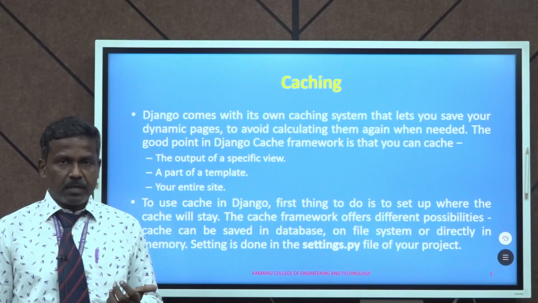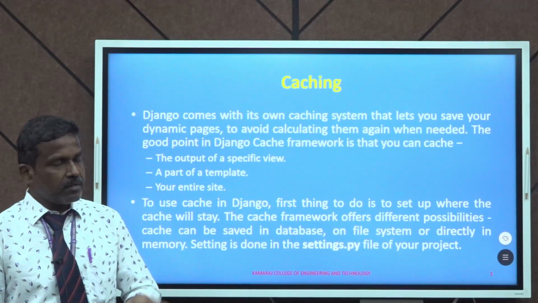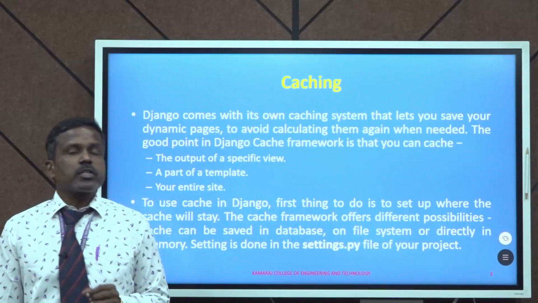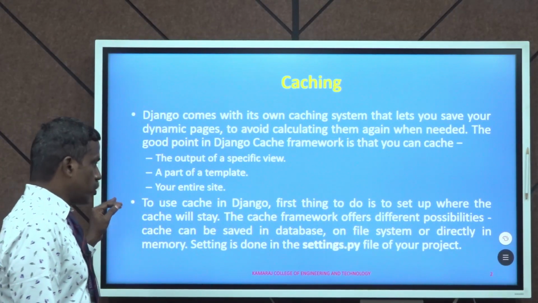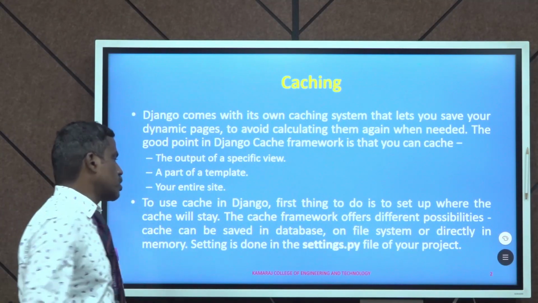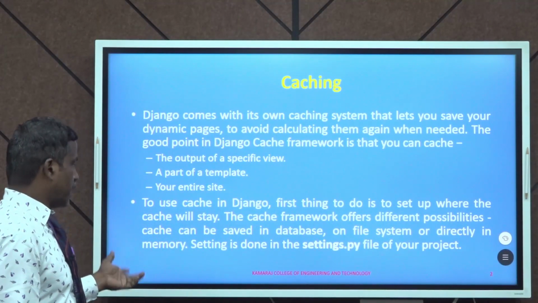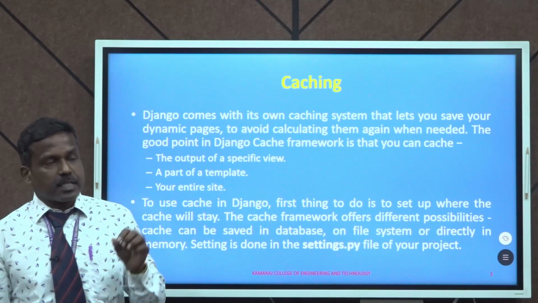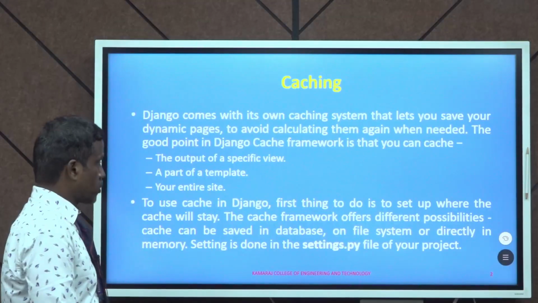If it is available, it will be used, or else it will be fetched again from the server. So for that we have to set up the cache where we are going to store the data, and the cache can be saved in the database, a file system, or directly in memory. For that we have to access the settings.py of the particular Django project.